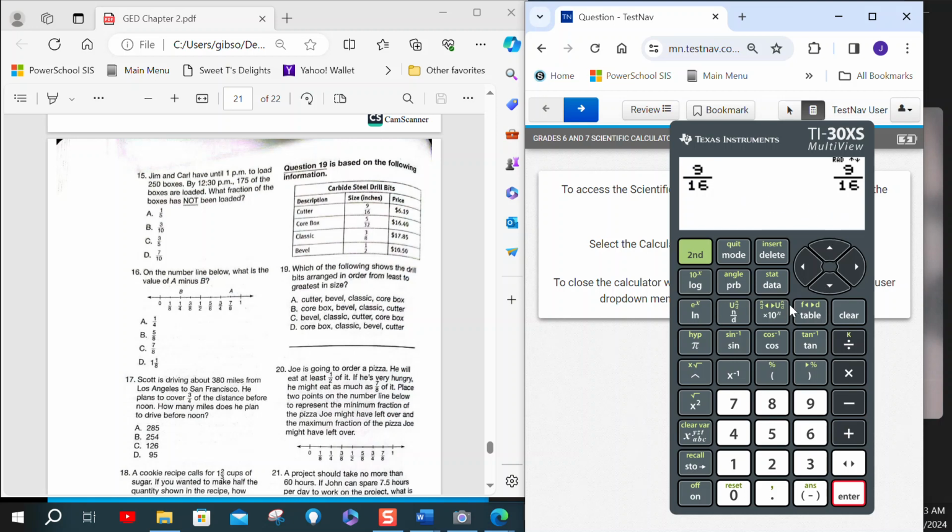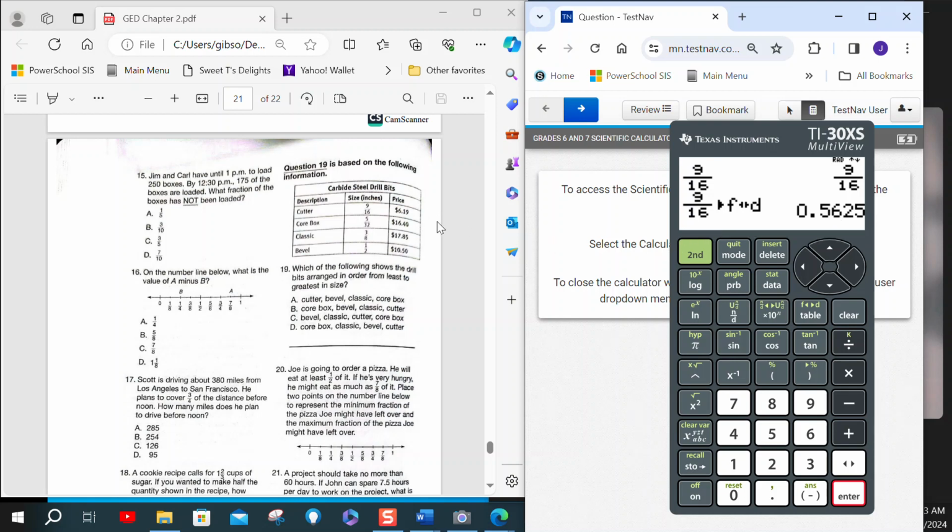Oh, okay. I need to make this a decimal. Let me do this. Press second and table and press enter. So that gave me that decimal, 0.5625. Okay, so now we can compare this.